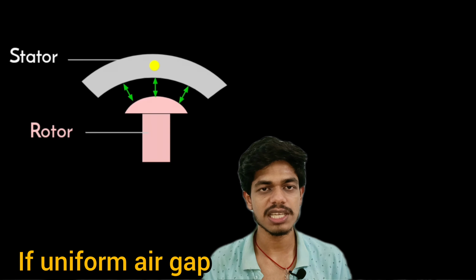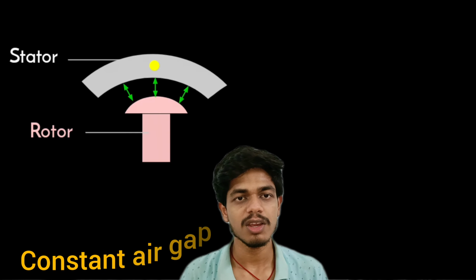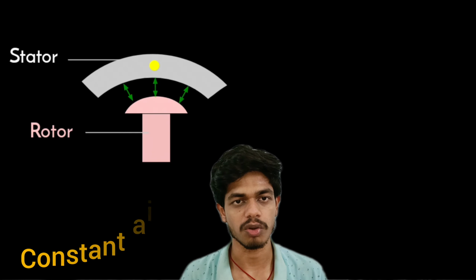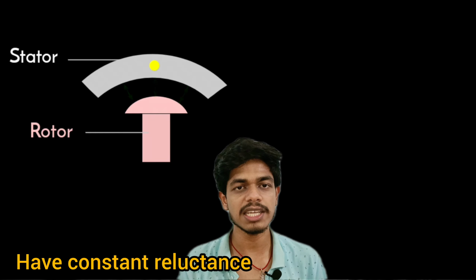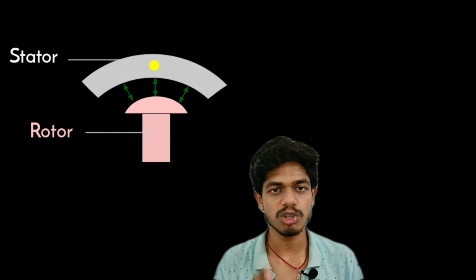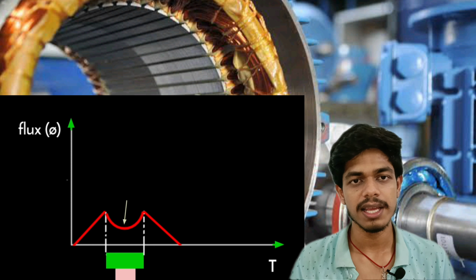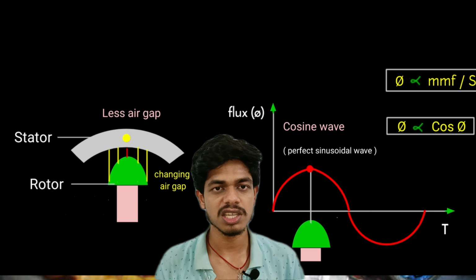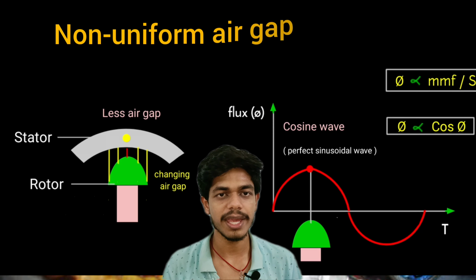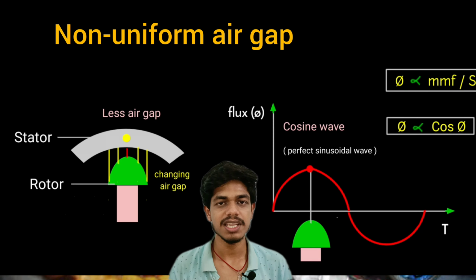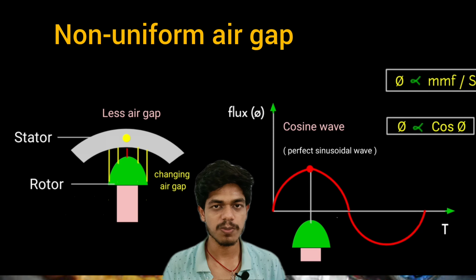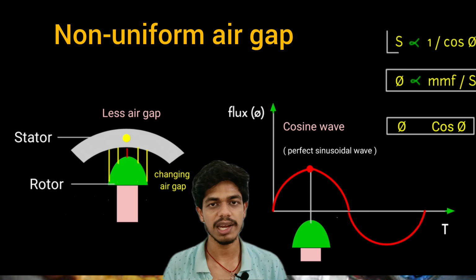If we give a uniform air gap between the stator and rotor, then it has a constant reluctance at the air gap, and for this reason it can't generate a perfect sinusoidal voltage. So if we give a non-uniform air gap, there is a change in the air gap, which produces a perfect sinusoidal voltage.